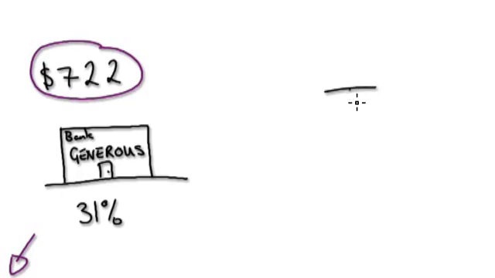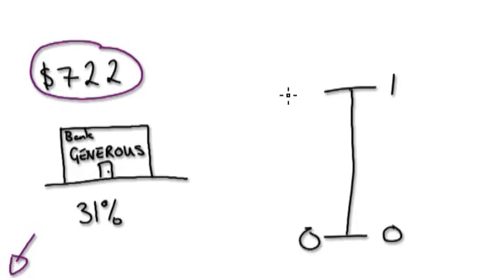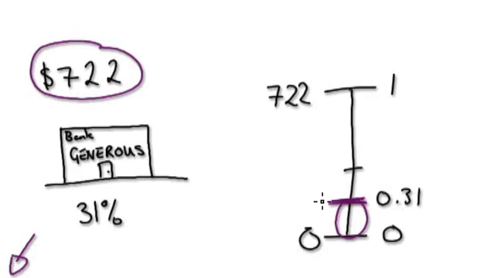Okay, so draw your picture. 0, 1. Your whole amount is 722. 50% is around here. I'm going to say 30% around here. So basically, Bank Generous is giving you quite a generous amount. So they're giving you 0.31 here. So this is the amount.